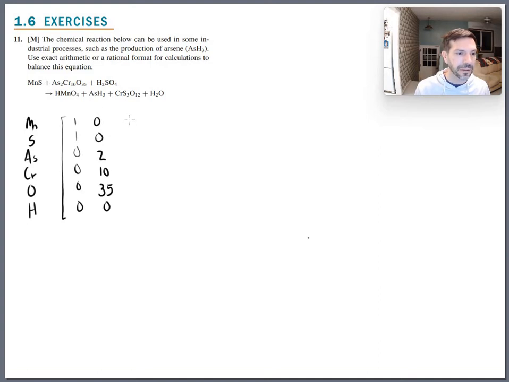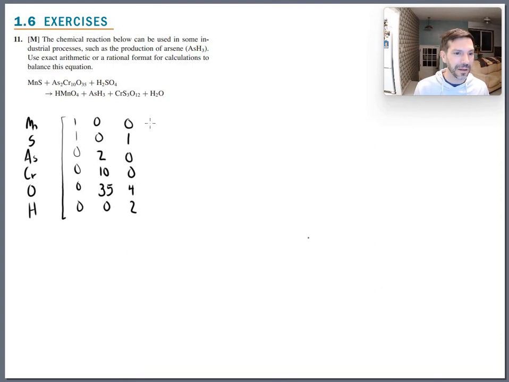Okay, the next one, 0 does have 1 there. 0, 0, 4, and 2. These other 4 are on the other side of the equation. So keep in mind as we move them over and combine them into the same side of the matrix, that they'll end up being negative.